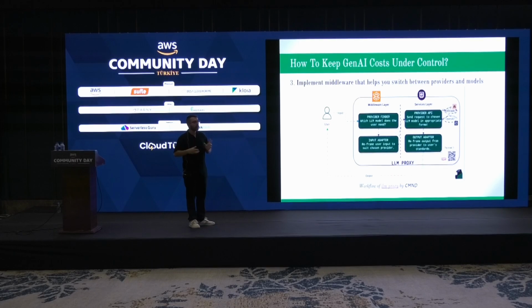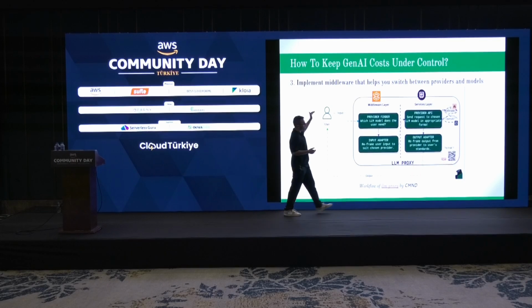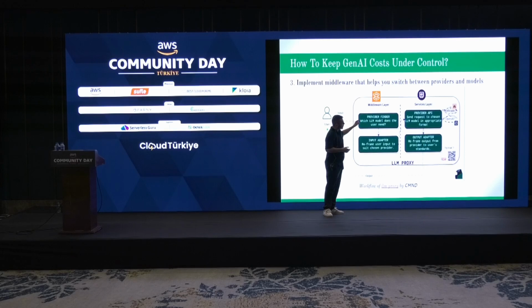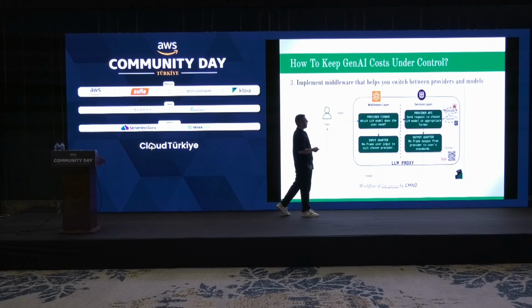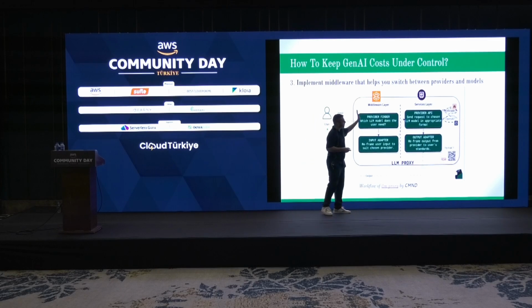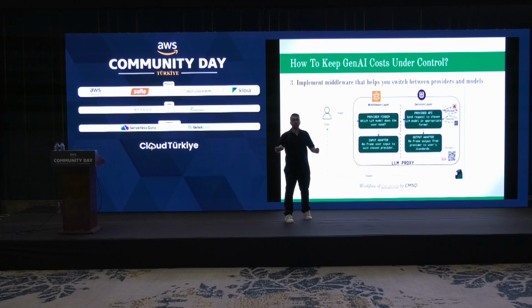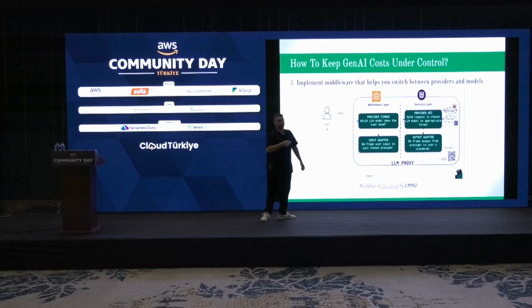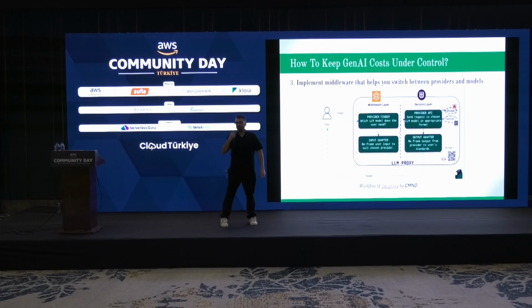There are some solutions out in the market for doing this, so that when you ask a question to an LLM, the middleware layer can choose the appropriate service provider, like OpenAI, Anthropic, whatever, and then use that inference provider, depending on the problem.